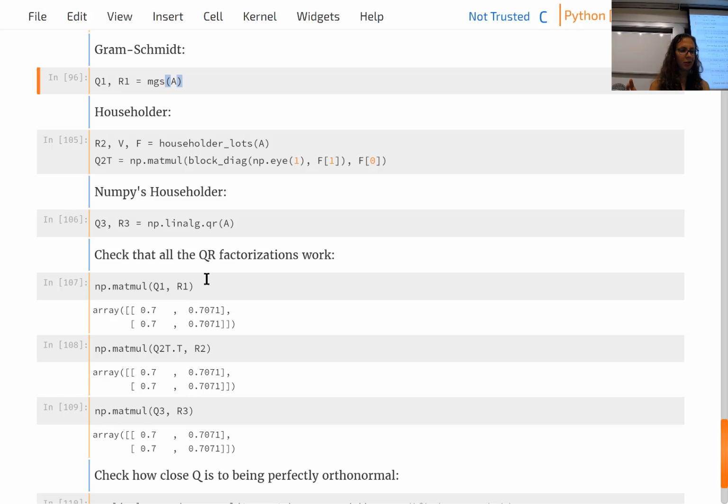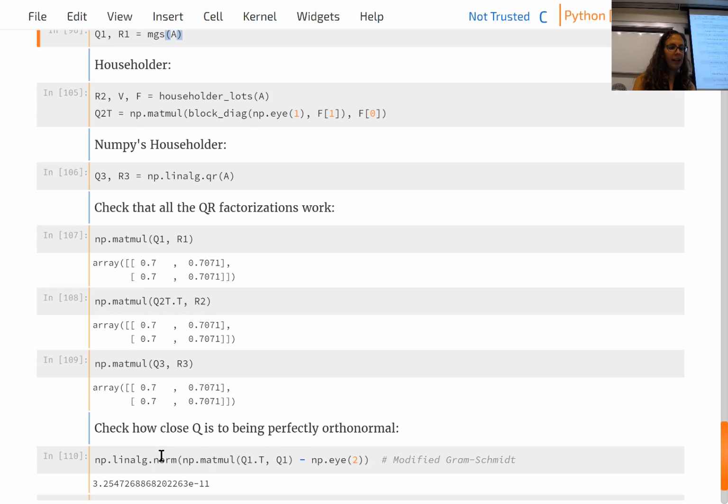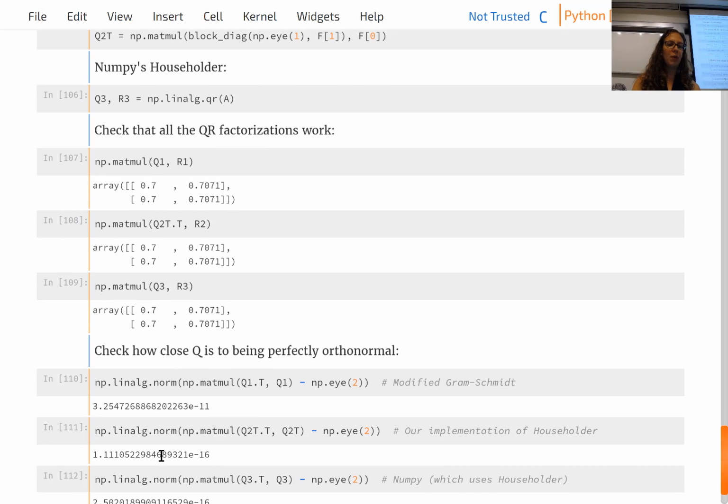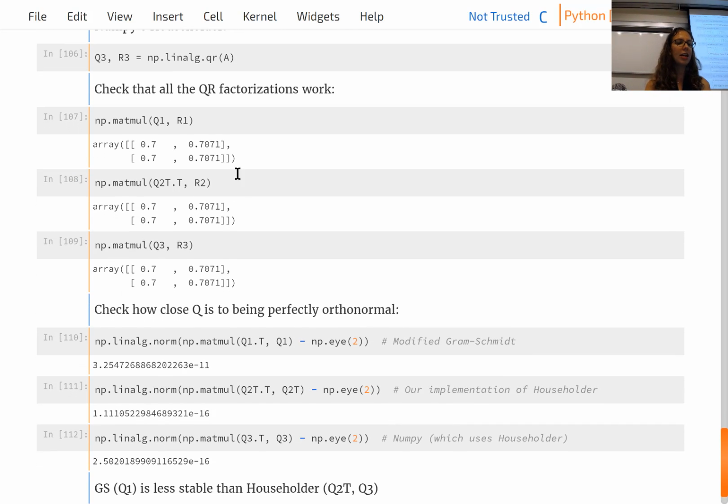Notice that in all cases, we're not actually getting back the original A because this bottom left entry has ended at 0.7, although that is close to what the original A was. But now we can check how close Q is to being perfectly orthonormal. Here there's no difference between what we're getting from Gram-Schmidt and Householder in terms of reconstructing our A.